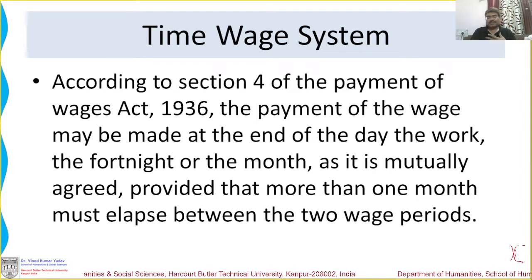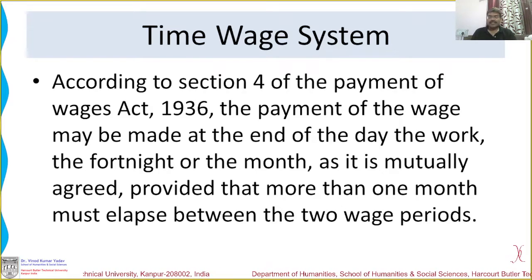So it means wherever there is more than a month, there must be a lapse between two wage periods, so maybe a break in the continuity of the service, or whatever you understand. So maximum it has to be one month.